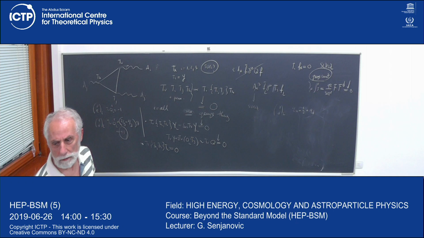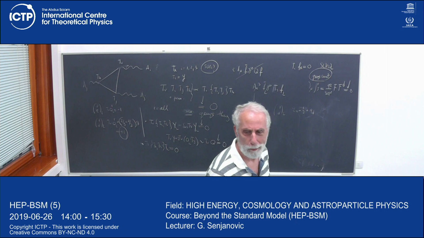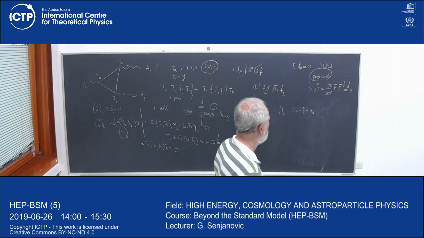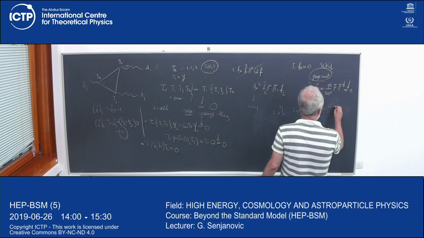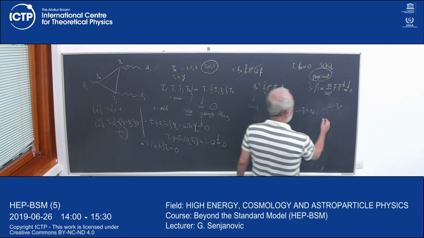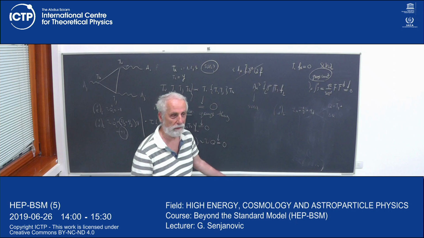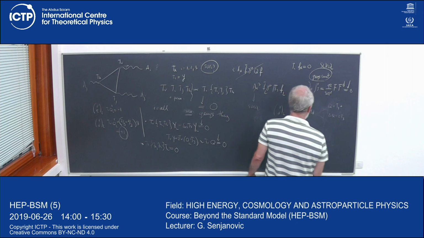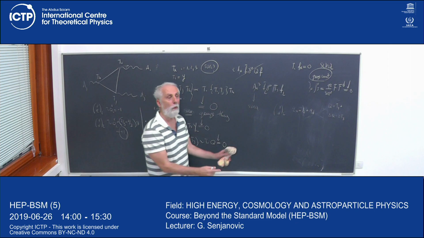No. I wrote something stupid, but help me. I need some lively energy. Q in a doublet is T3 plus something that I call hypercharge. The hypercharge, by definition, must be the same in the doublet, since they commute with SU2. So delta Q in a doublet is 2T3. So maybe I better put 1. Q of the up quark, I don't know what the Q of the down quark is.